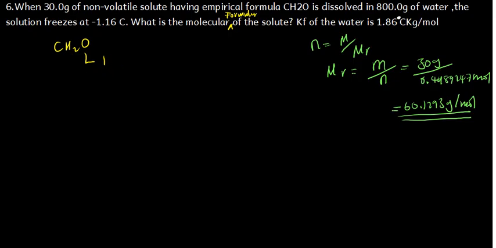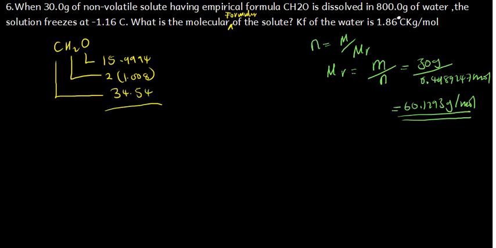So instead of using 16 for oxygen, let me use 15.9994, and then for hydrogen, 2 of them, let me use 1.008, and then for carbon let me use 34.54.